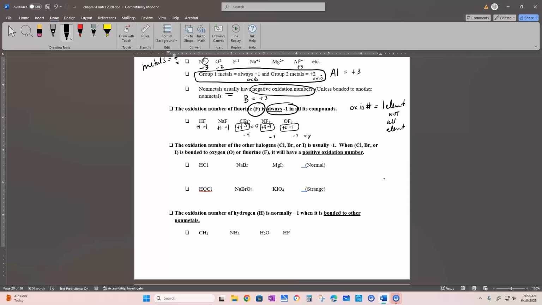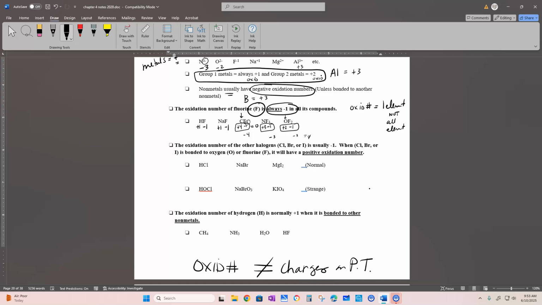So remember when I said nonmetals are usually negative? Look what happened. Carbon and oxygen actually had a positive oxidation number. So you need to write this down also. Oxidation numbers are not the same thing as charges on the periodic table. They are totally different.